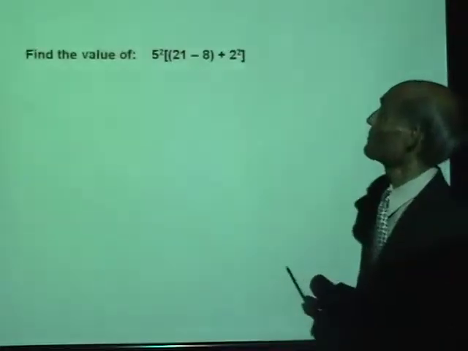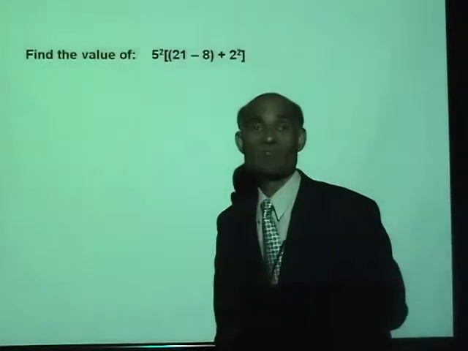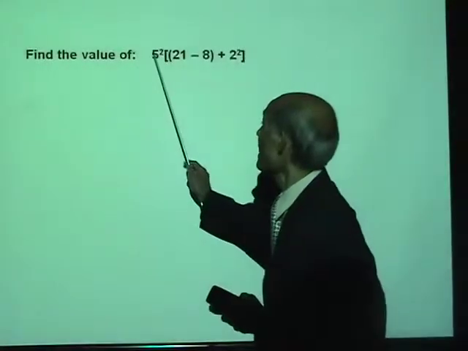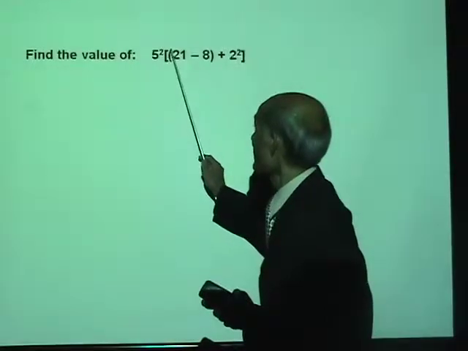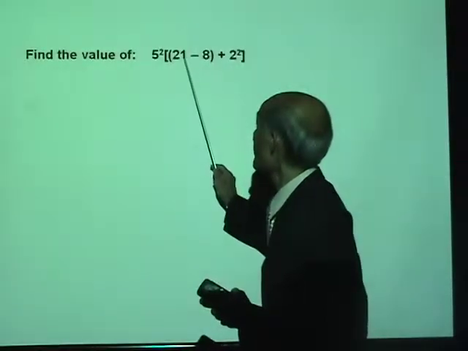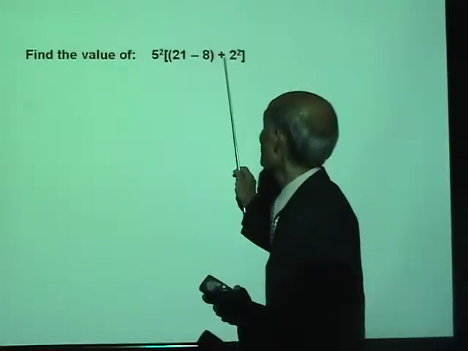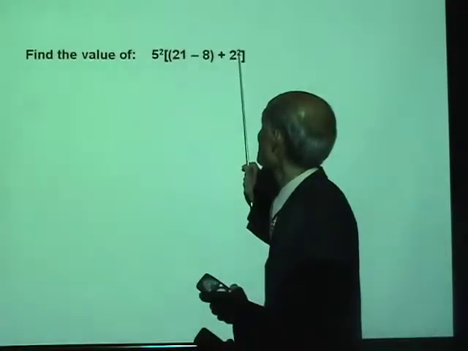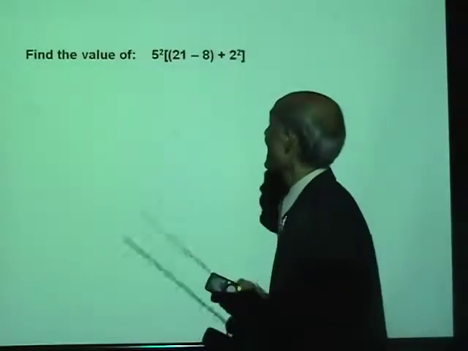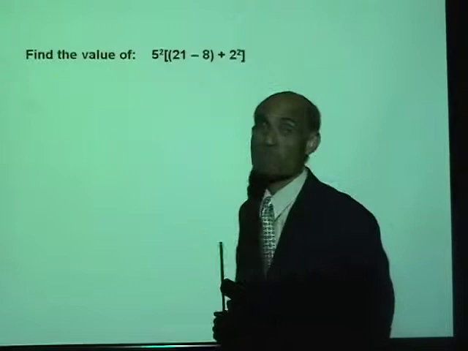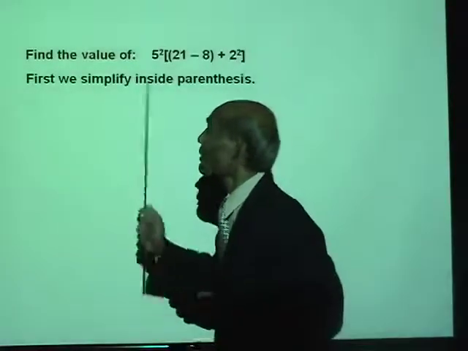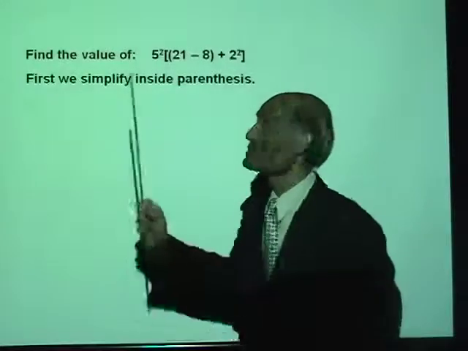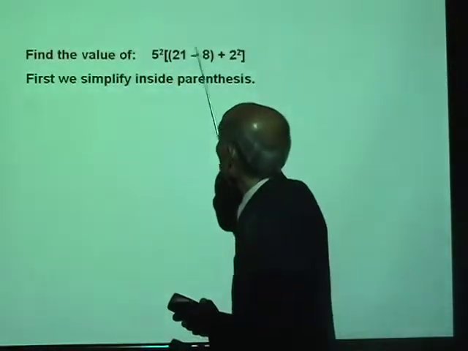Okay, let's do another one. Find the value of 5 raised to the power of 2, bracket, in parenthesis 21 minus 8 plus 2 raised to the power of 2, bracket ends. Okay, we always do the parenthesis. Let's simplify the parenthesis first.